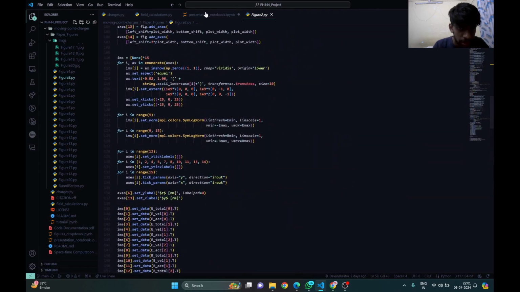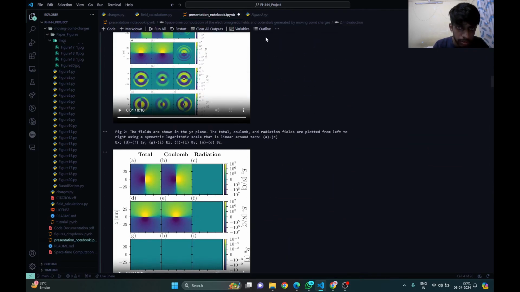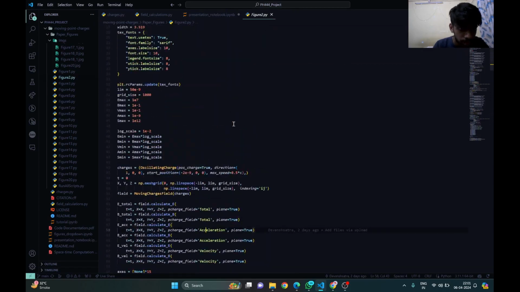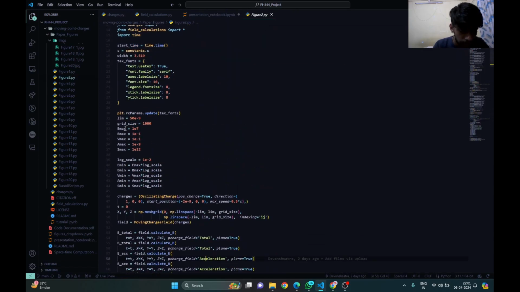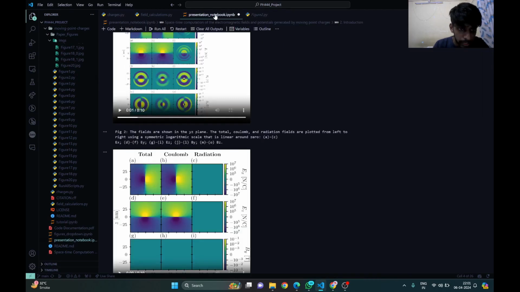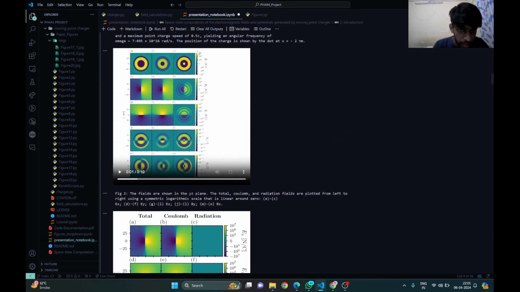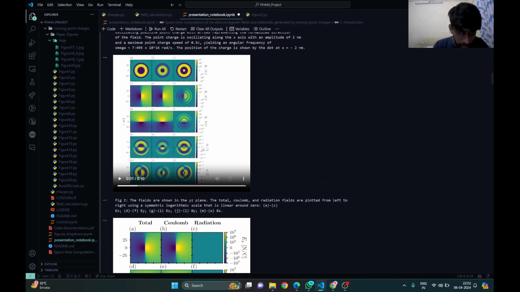Since there are a lot more plots, there's a little bit more code. Emax and Emin give you the maximum and minimum scales in the plot. So we choose 10 to the power 7 and 10 to the power 5 as an appropriate choice.